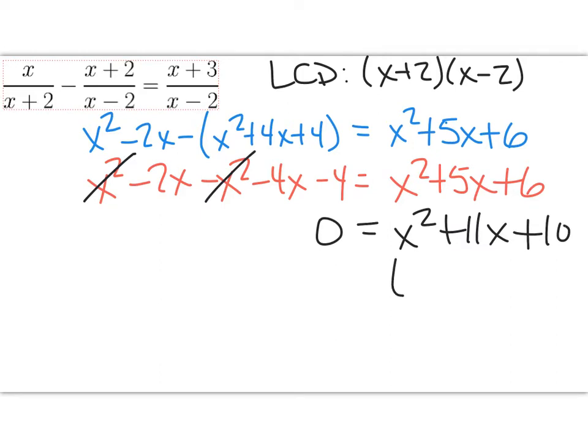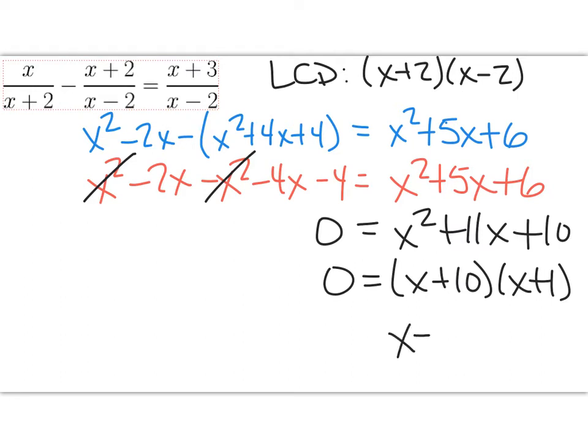And this factors as x plus 10 and x plus 1, which gives us possible solutions, and I call them possible because we need to check them against the LCD, of x equals negative 10 and x equals negative 1.